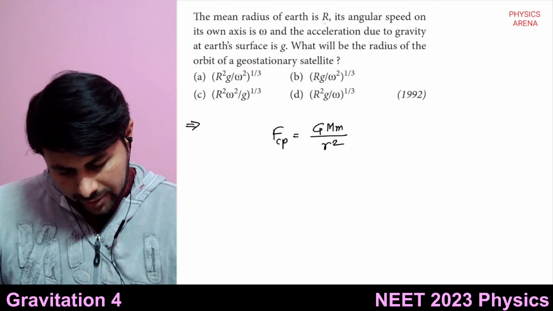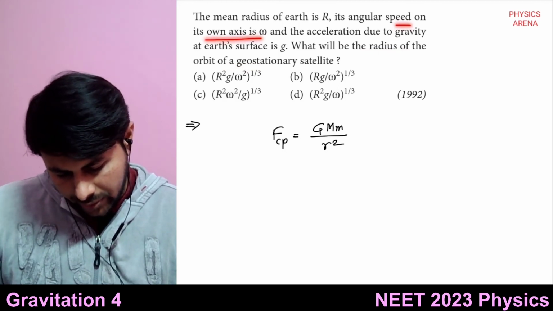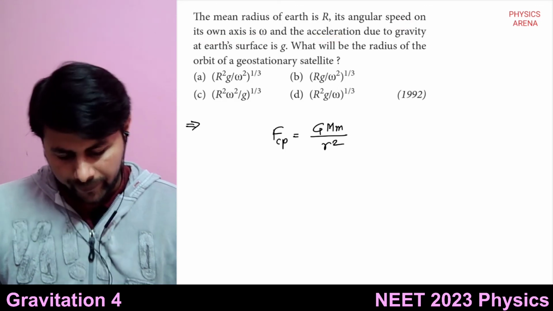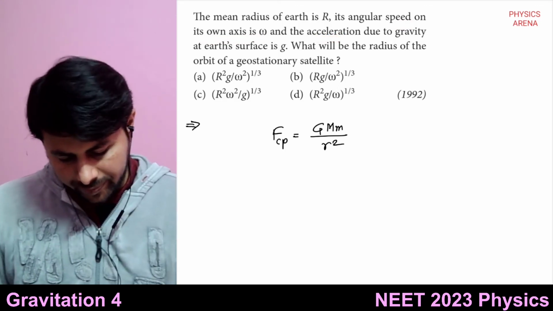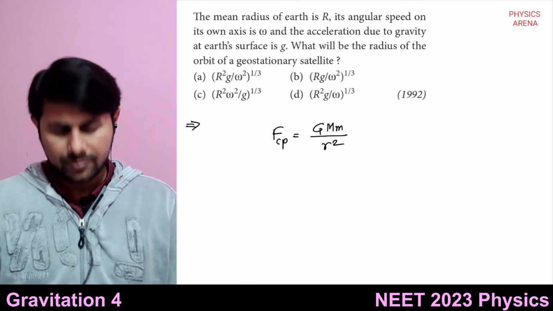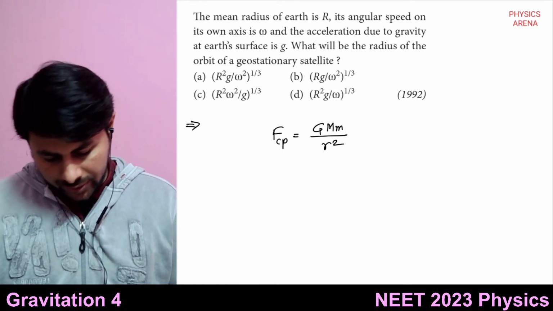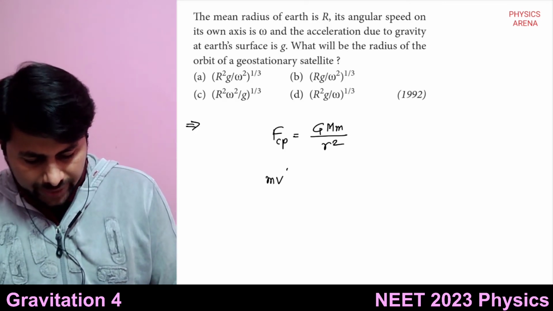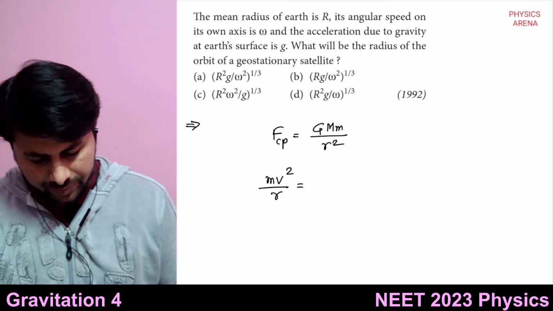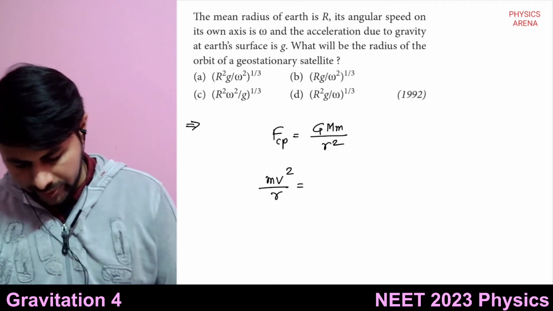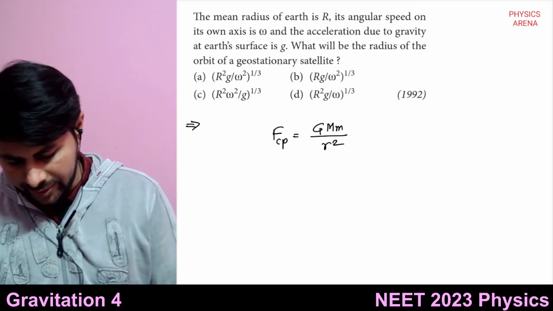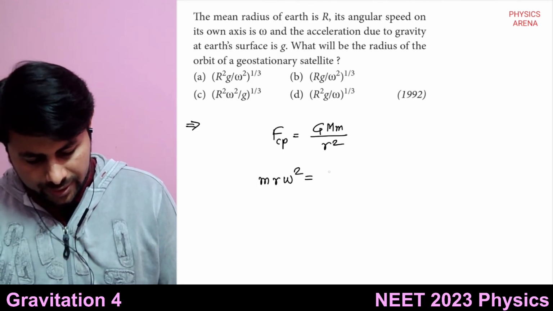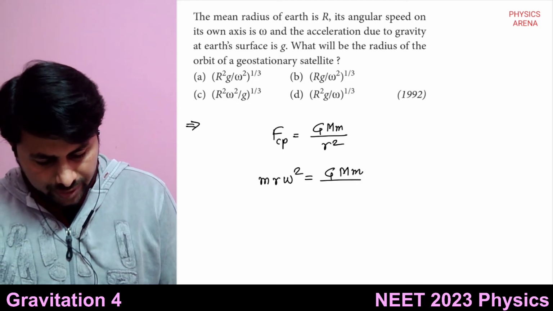The mean radius of Earth is R, and the angular speed on its own axis is omega. So then, what is F_cp? The centripetal force is m v square upon r, or actually since omega is given, we should use m r omega square, equal to GMm divided by r square.